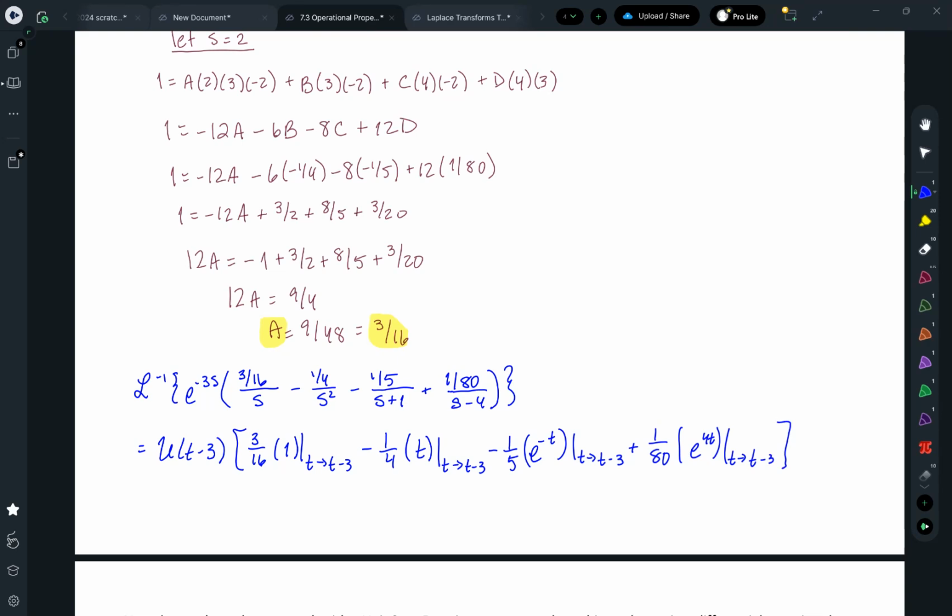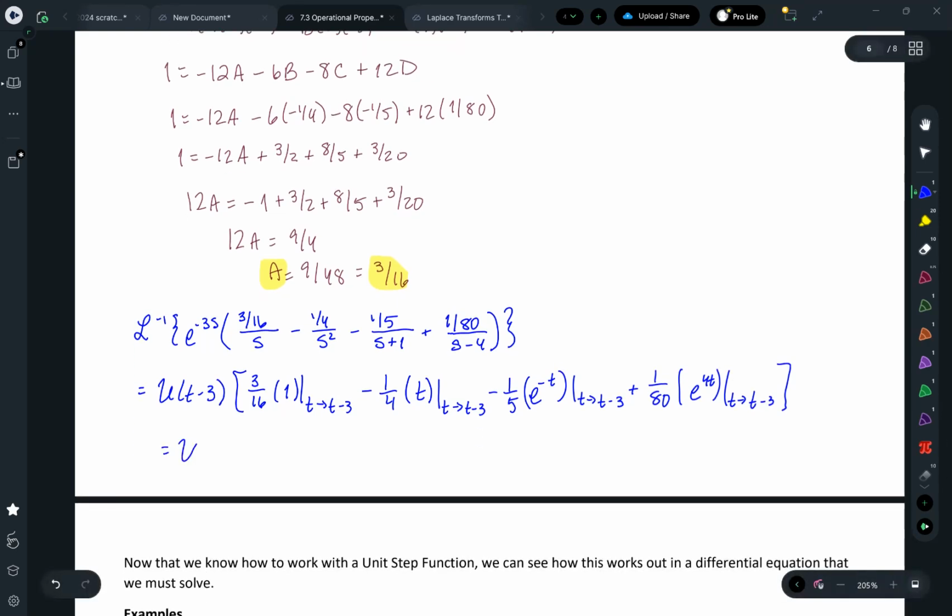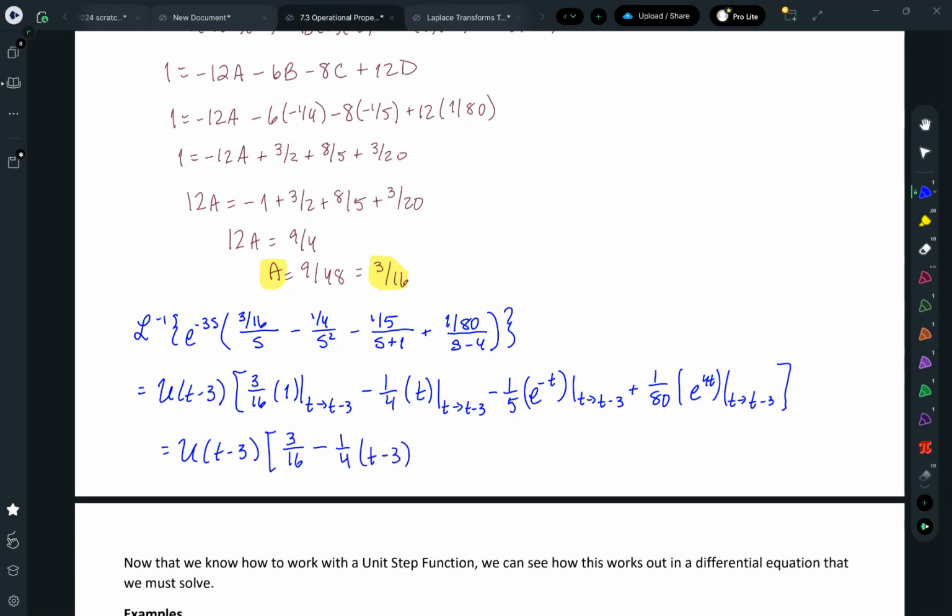Okay, finally, last step, this is equal to the unit step function of t minus 3 times 3 over 16, no changes with the shift, minus 1/4 t shifts to t minus 3, minus 1/5 e to the minus, and then instead of t, in parentheses, I put t minus 3, plus 1 over 80 e to the 4, and then instead of t, in parentheses, I put t minus 3.